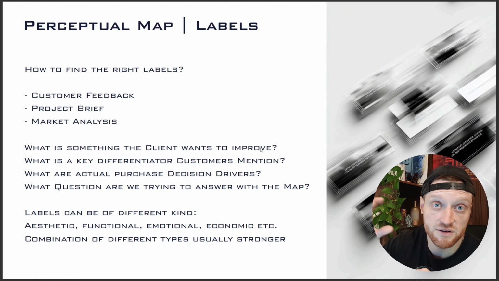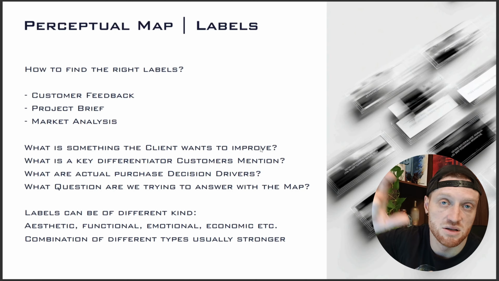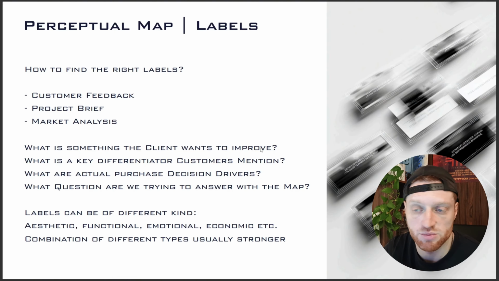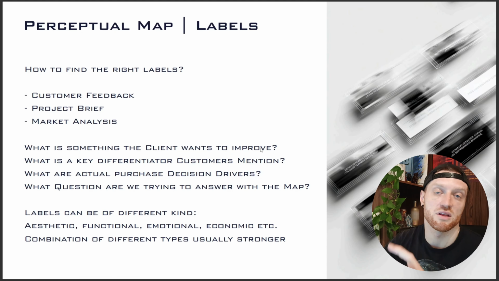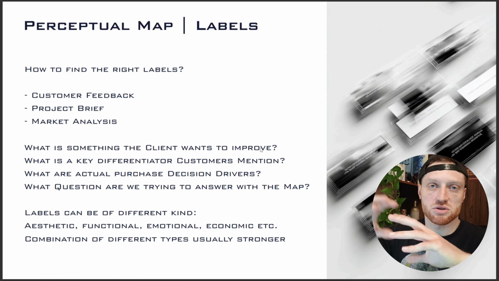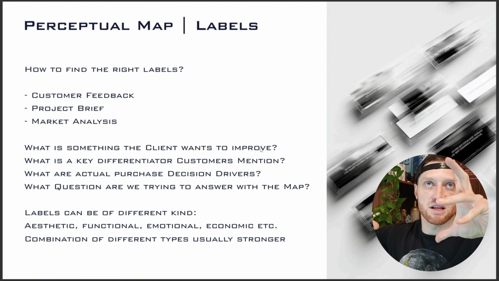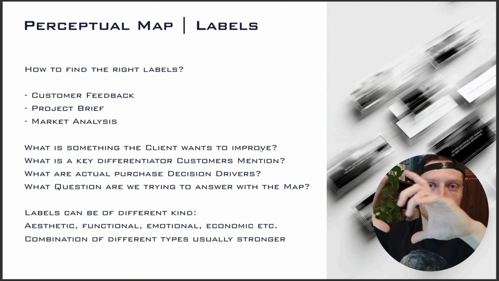That are a significant new characteristic of the object, so that we can place on the perceptual map what is a key differentiator for customers that actually drives their purchase decision. So why would they choose this compared to another one? So if we place these attributes on our map, then we also have not just an aesthetic and functional, but also a value-derived perceptual map.